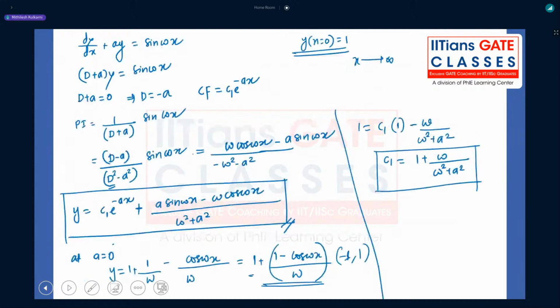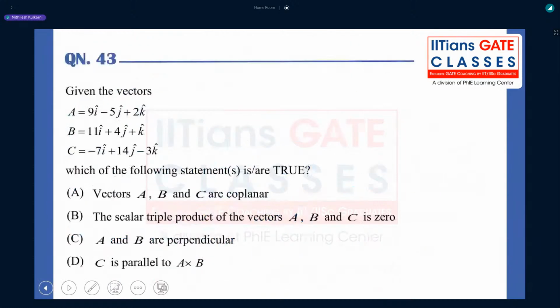The next question is again about vectors. We have A, B, C, three different vectors, and they're asking which of the following statements are true.